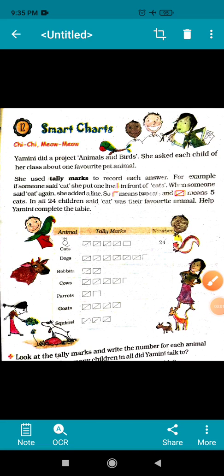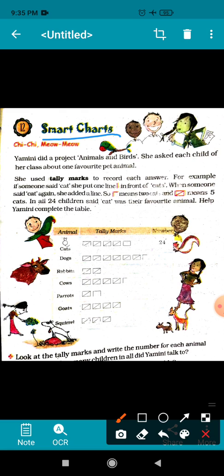Good morning, dear children. In my previous video, I had explained to you about some smart charts. Children, you all know how we can represent data in tabular form and draw tally marks for the data given in numerical form.